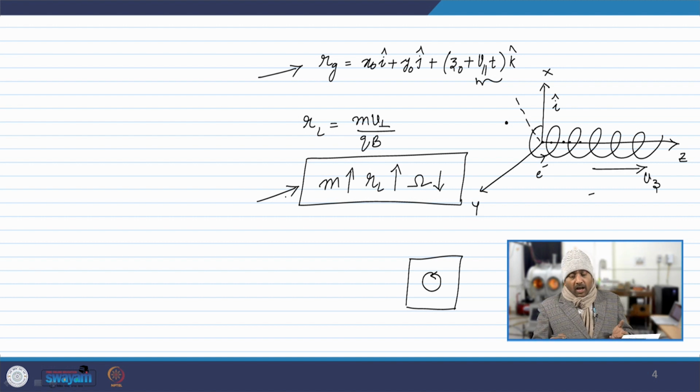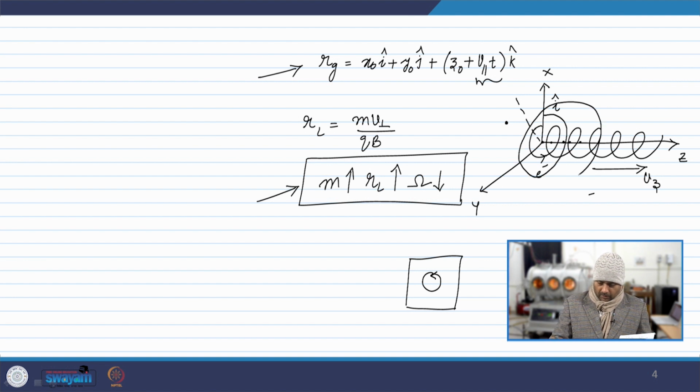Now, if I ask you to construct the trajectory of the particle for an ion, it will be exactly opposite. But will it move in the same direction, along the positive z axis, or not? If I draw the trajectory, this figure will become very messy, but the particle will rotate like this.